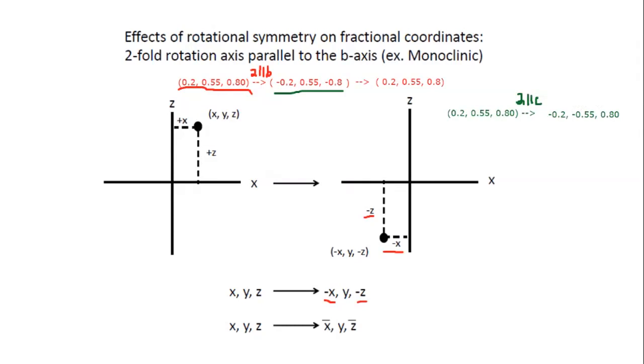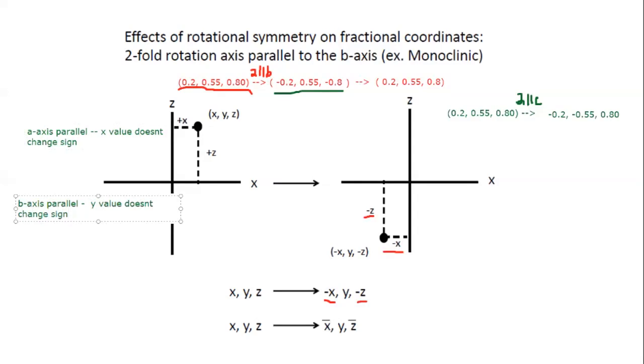So if you're parallel to the a axis, then the x value doesn't change. If you're parallel to the b axis, the y value doesn't change sign. This is regardless of what type of rotation it is.